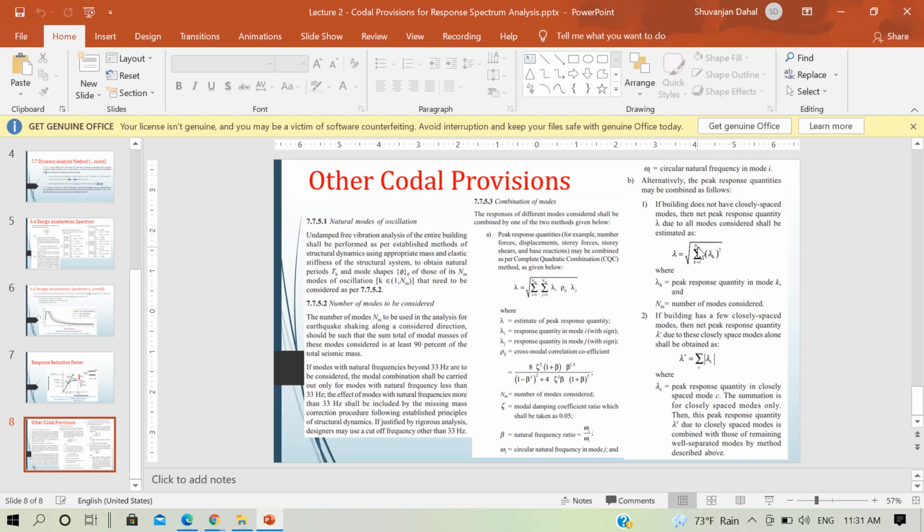And after performing the dynamic analysis, we will look at the scaling of base shear, which we talked about in this lecture also. We will see how to perform the scaling of base shear, and finally, after scaling the base shear and analyzing the structure again, the design is performed in the same way as for the equivalent static method.